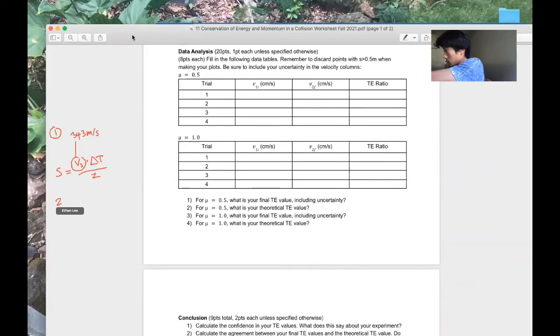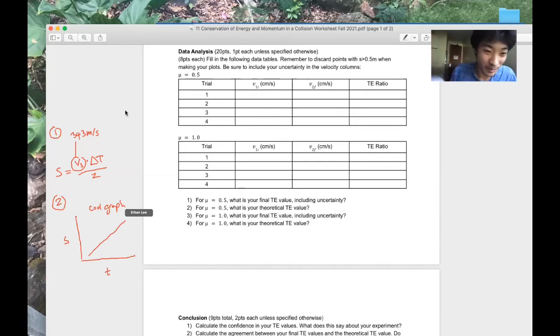Step two is, okay, don't call it that, but think of a better name. Once you get the S's, you're going to want to graph your S values in accordance to their T values.